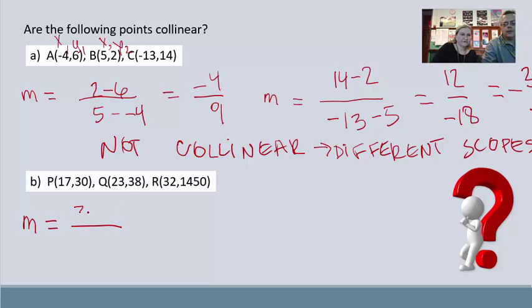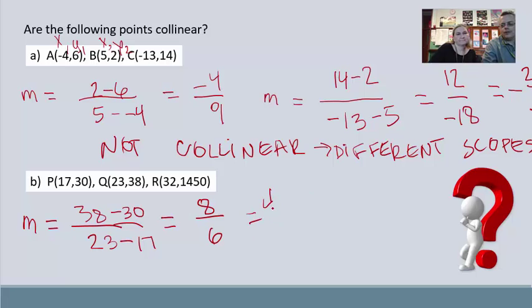I have 38 minus 30 over 23 minus 17. That's 8 over 6, and that reduces to 4/3. The last one, wow, that's kind of a crazy number here. 1,450 seems crazy, but we'll go with it. Minus 32.